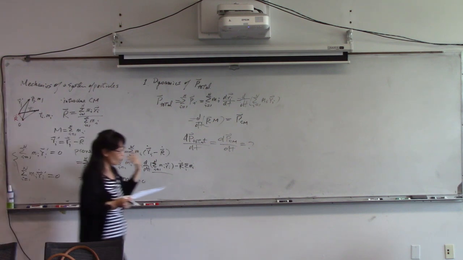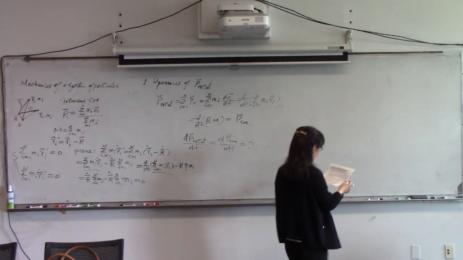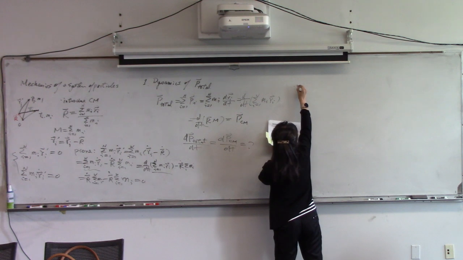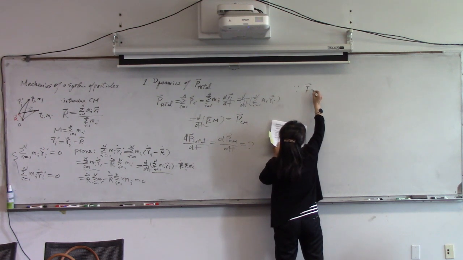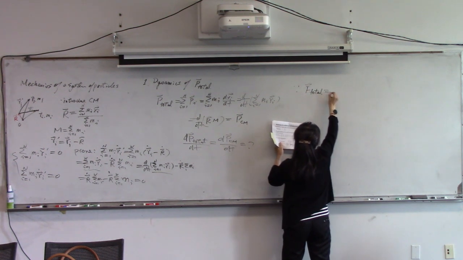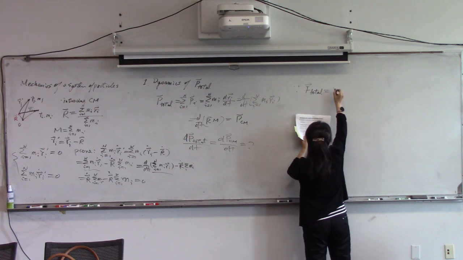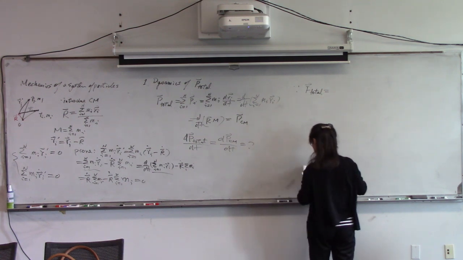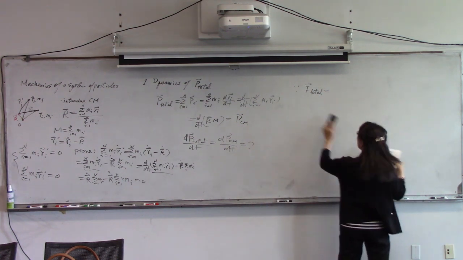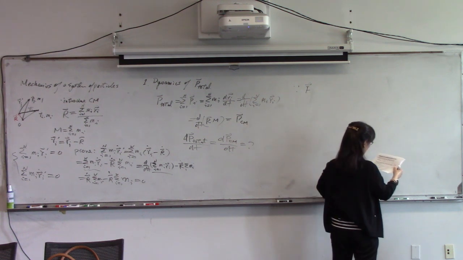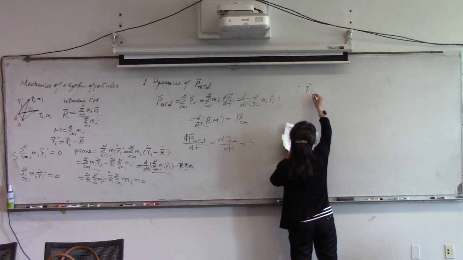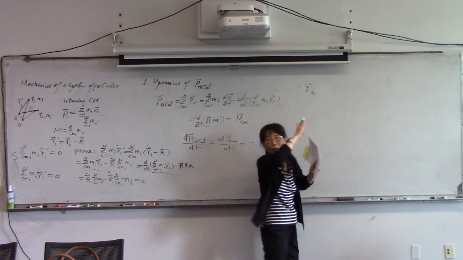So now we are going to classify the force in terms of the total force of the system. Let's do this for each individual particle, right? I'm going to use the subscript i to mean the i-th particle, and the superscript is the type of force.